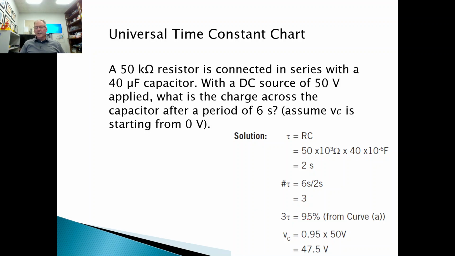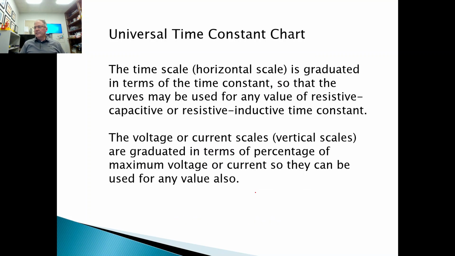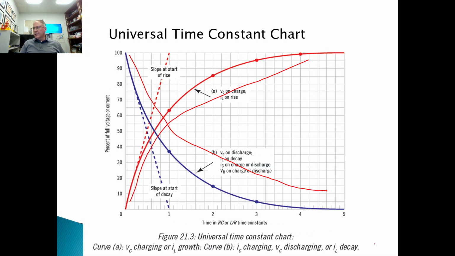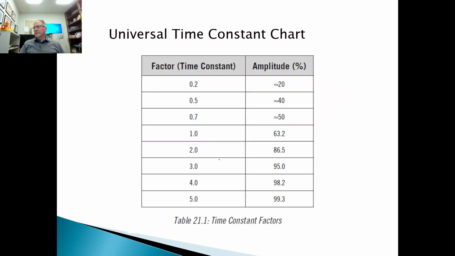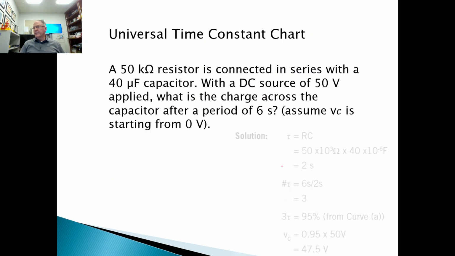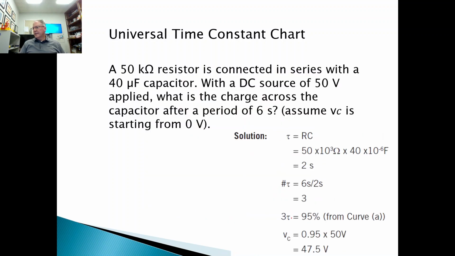And then if you go to the chart, here's our taus here, right? So at 3 taus you're a little over 90%, so here's 3 taus, 95%, and 95% of 50 volts is 47.5. So it all just kind of ties in together here.